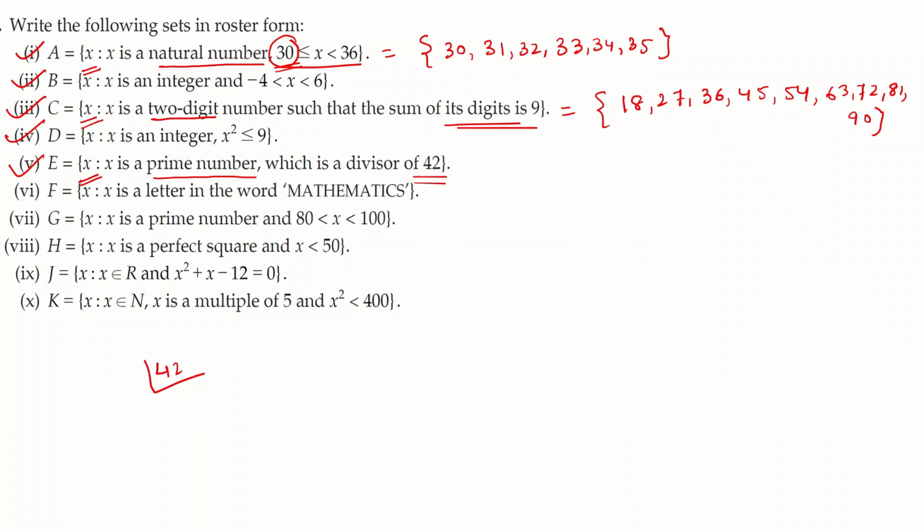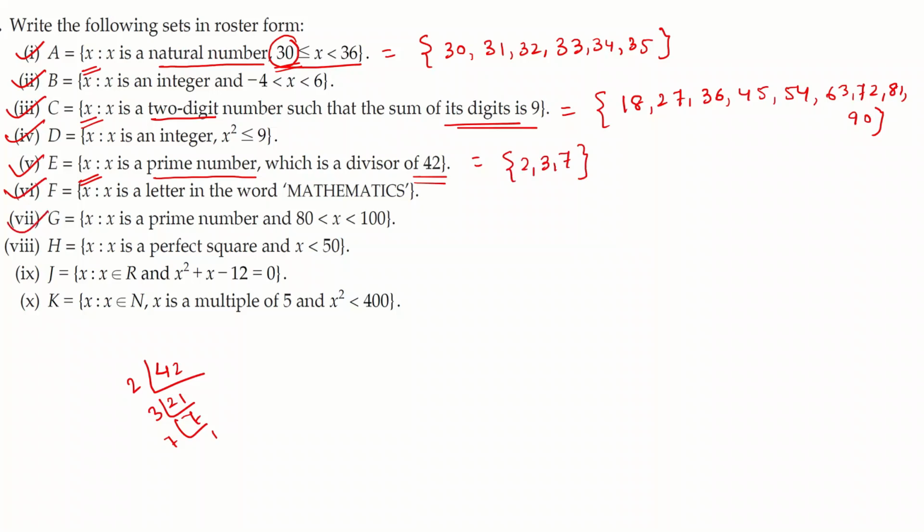This is effectively what the question is asking: find all those prime numbers which are a divisor of 42, that is, the prime factors of 42. The first number is 2, then 3, and then 7. So these are the three numbers which belong to this set: 2, 3, and 7. Question number 6 is homework.